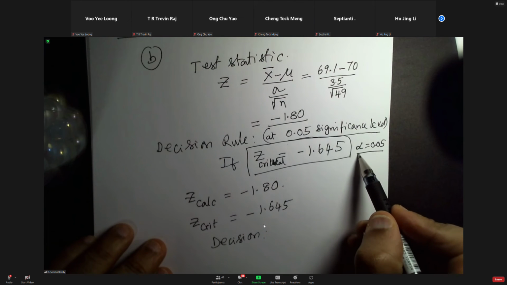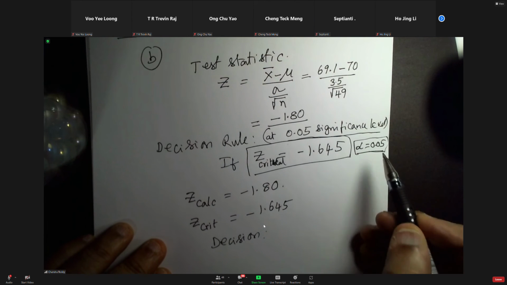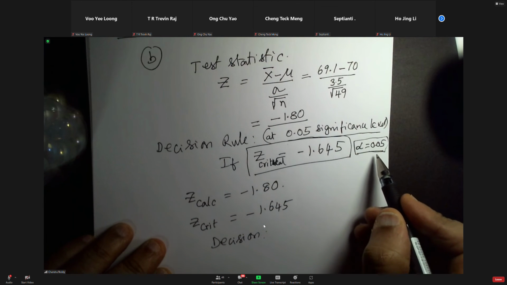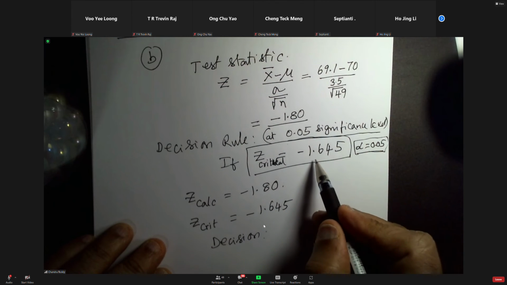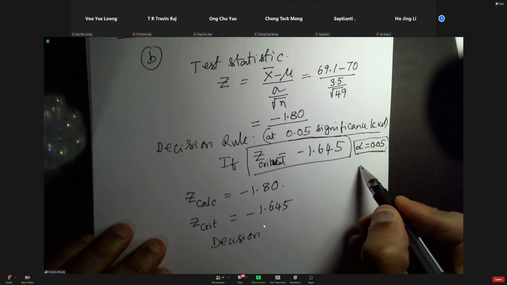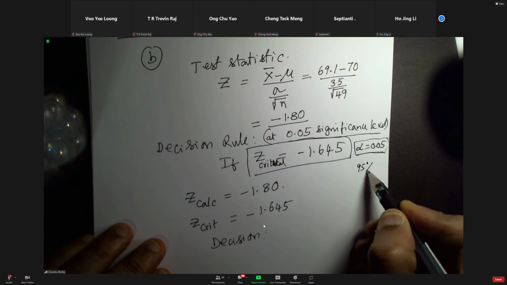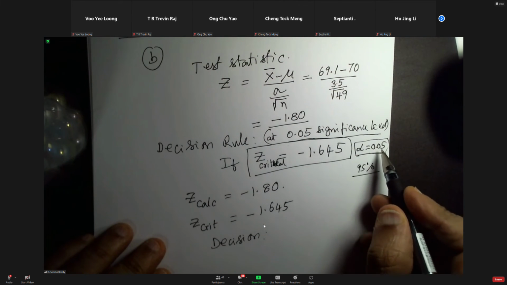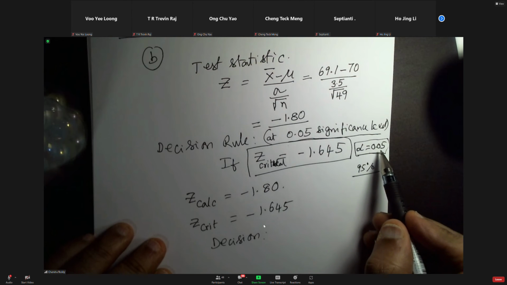Yeah, when you look at probability tables again, this value is standard. 1.645, I explained to you earlier, is for 95% confidence or at a significance level of 0.05.